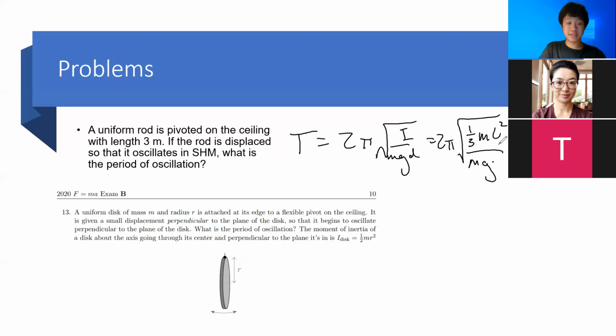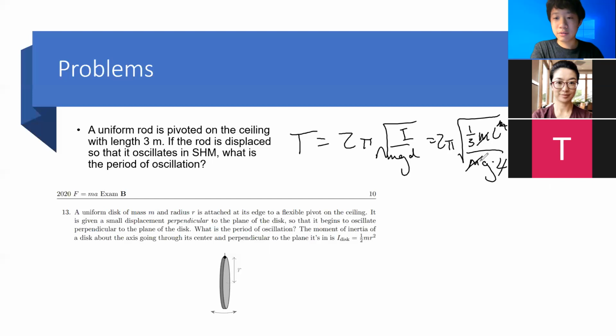mg times, well, what's the distance from the center of mass to the pivot? It's just 1/2 the length of the rod, right? So mg times L over 2. Now let's do a bit of canceling. M will cancel. L kind of cancels.